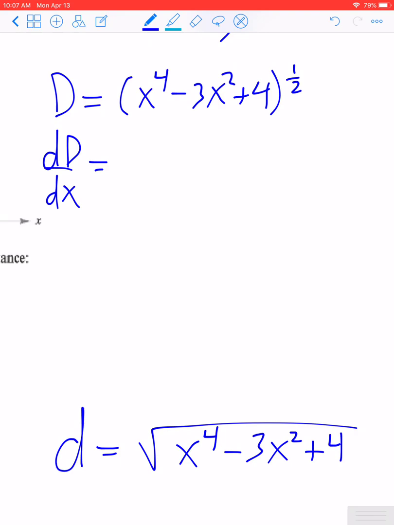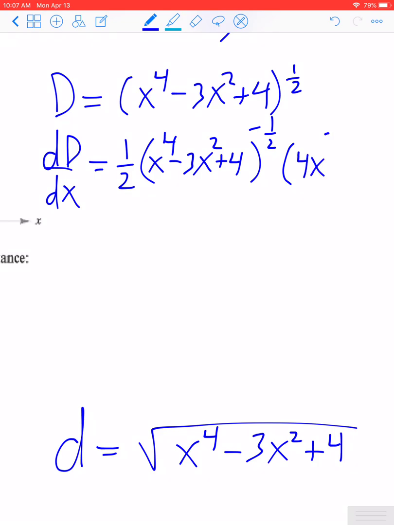This should involve a chain rule, so it's going to be 1/2, reduce the power by 1, leave the inside function alone, and then from the chain rule, we need to multiply by the derivative of the inside function. That would be the following. It's going to be 4x cubed minus 6x.